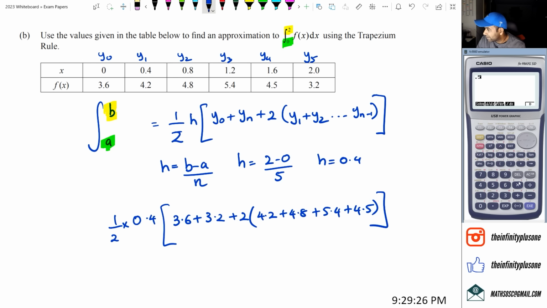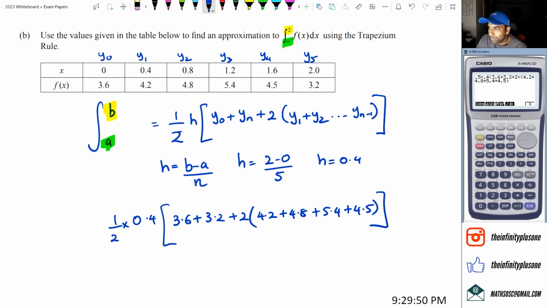So we've got 0.5 times 0.4, and in bracket I've got 3.6 plus 3.2 plus 2 times, what's in the other bracket, 4.2 plus 4.8 plus 5.4 plus 4.5.